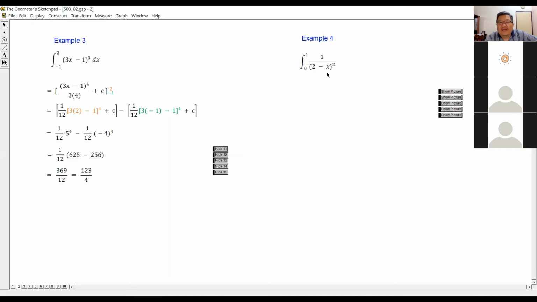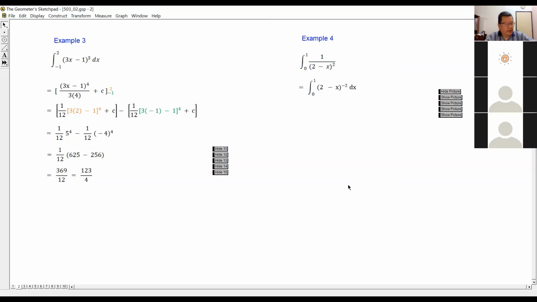Another difference is the coefficient of x inside the bracket is -1. It's not a positive number, it's a negative number. So if you want to integrate, you have to simplify a little bit, so we change it to a form that we can see properly, like this.